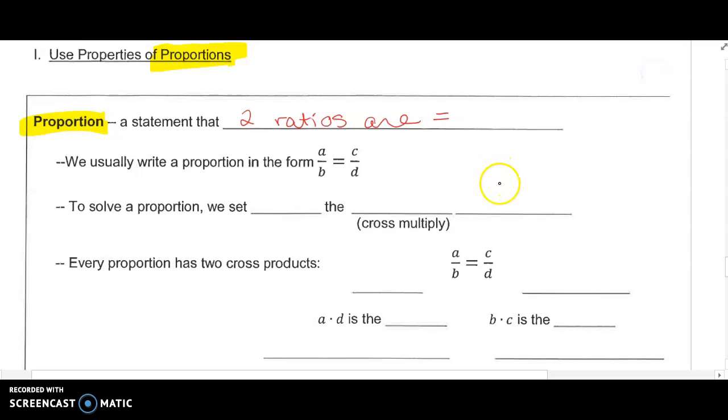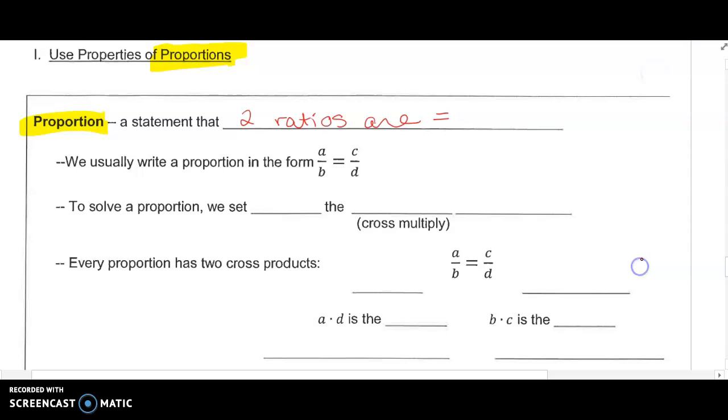You have the means and the extremes. And these are called the extremes. Don't ask me where they got those names, but A times D is the product of the extremes, and B times C is the product of the means.